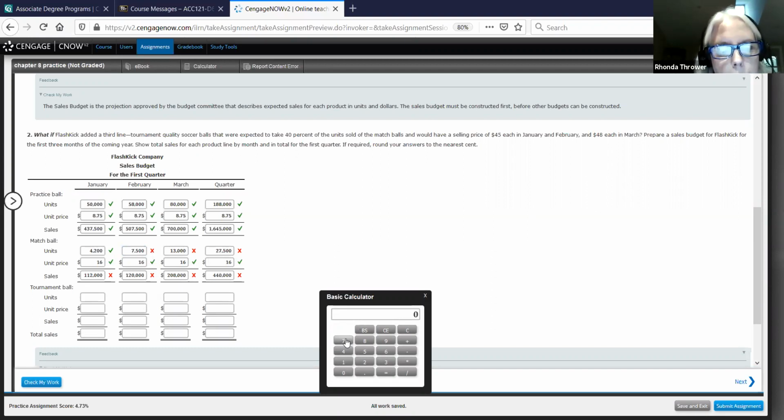Or you could have multiplied it by 40% and then subtracted it back, but to eliminate one of those steps, I'm just taking each one of these that I had wrong and multiplying it by 60%. So 13,000 times 60% is 7,800.